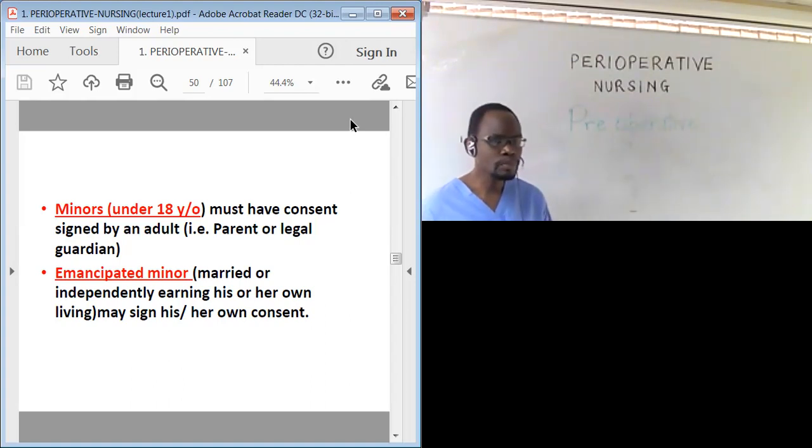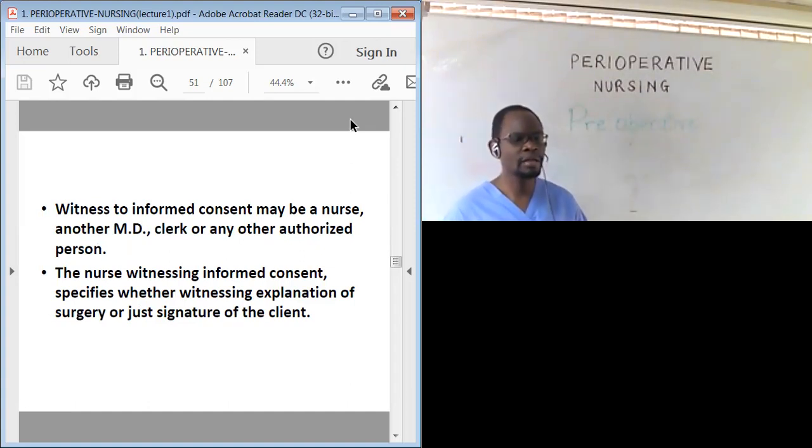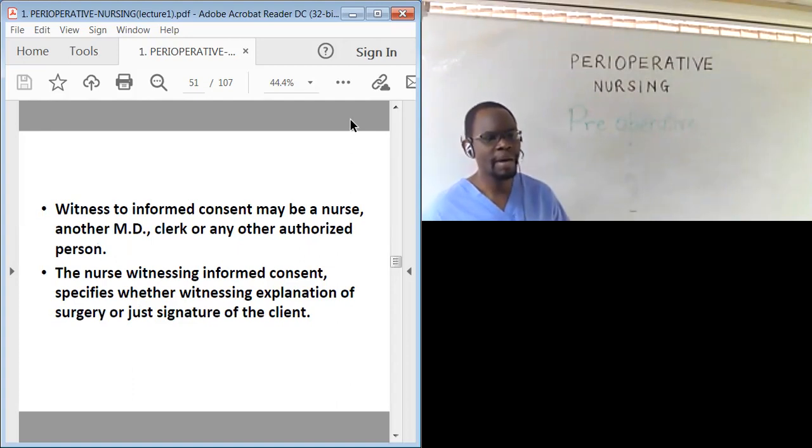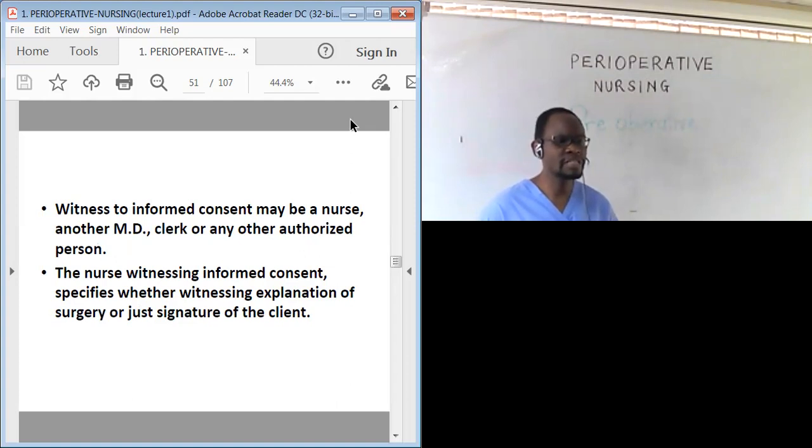All right. So a witness to informed consent may be a nurse or another medical personnel, or it might be a clerk or any other authorized person. The nurse witnessing informed consent specifies whether they are witnessing the explanation of the surgery or just the signature of the client.